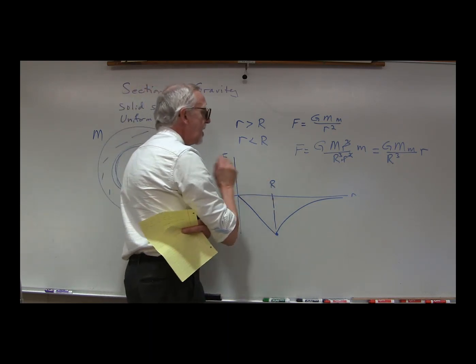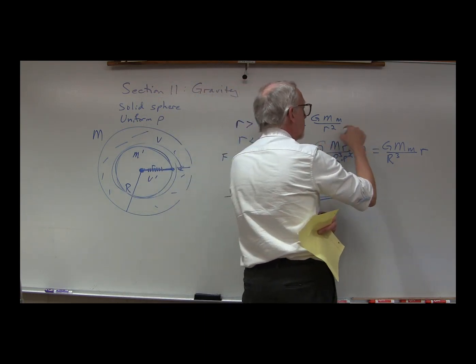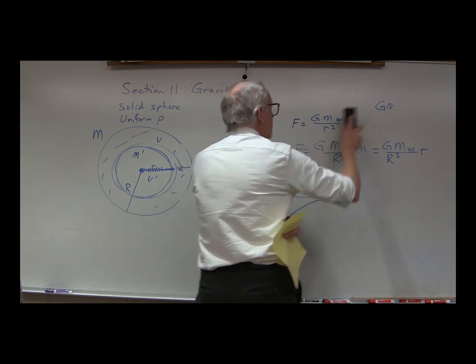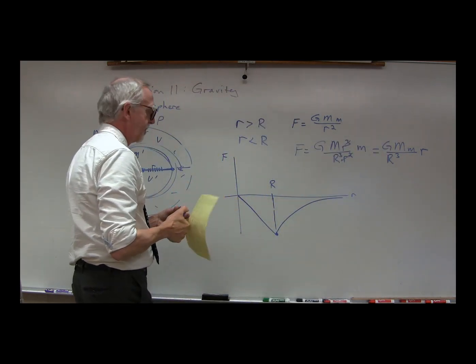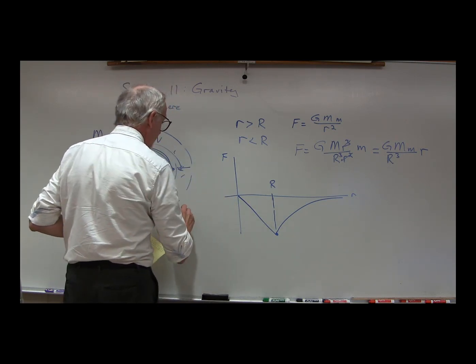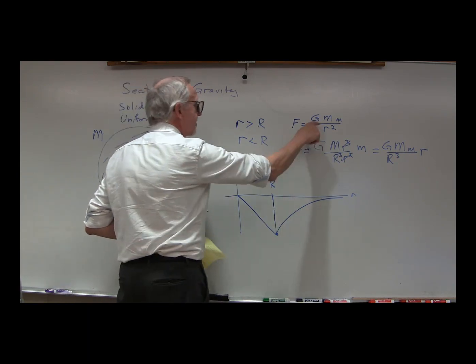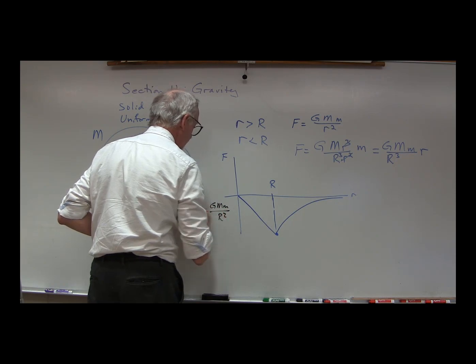And if we put in r equals capital R, let's see, I hope you can see this. You put it over here. The force at capital R, if we use this result, we get G M m over capital R squared.